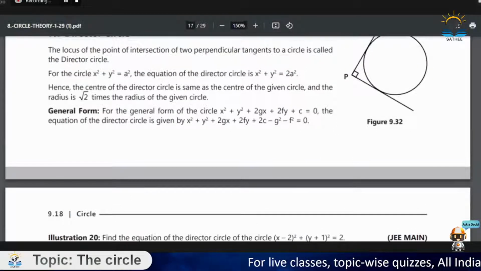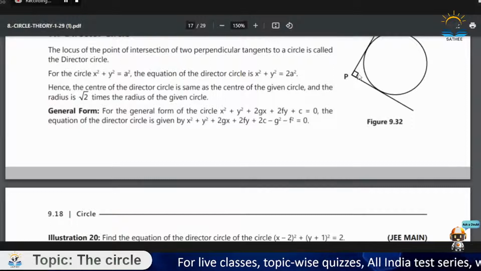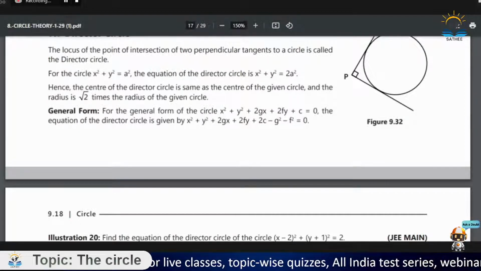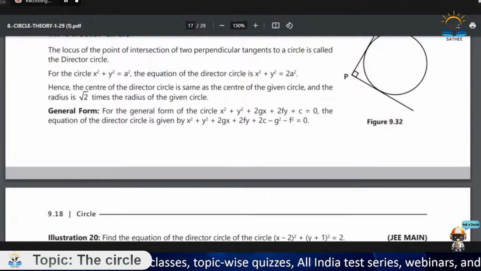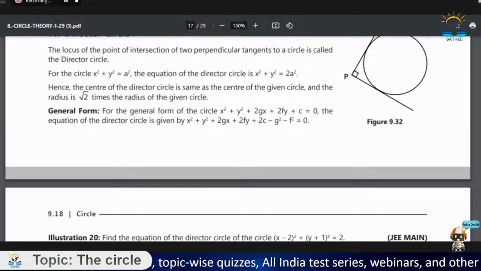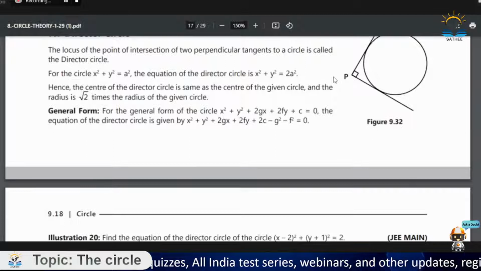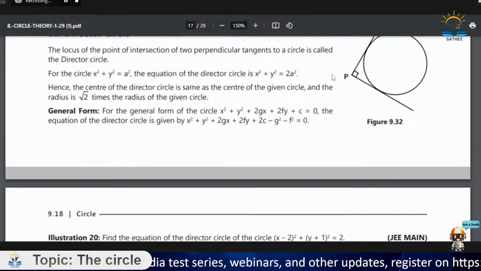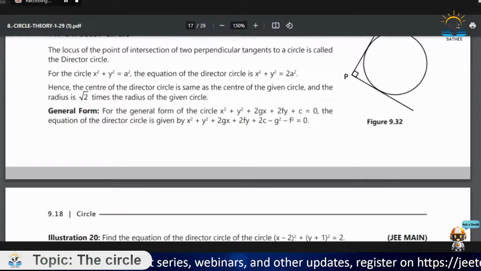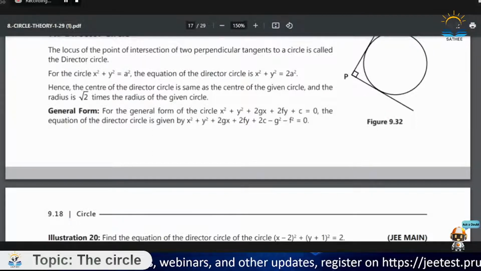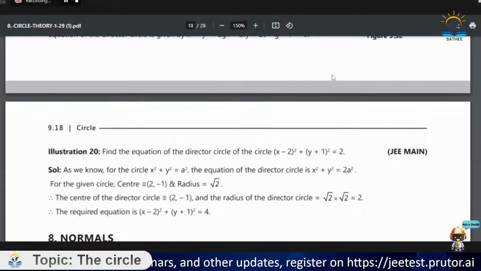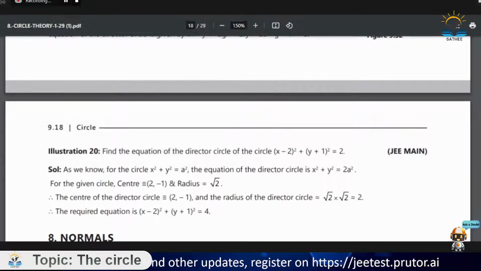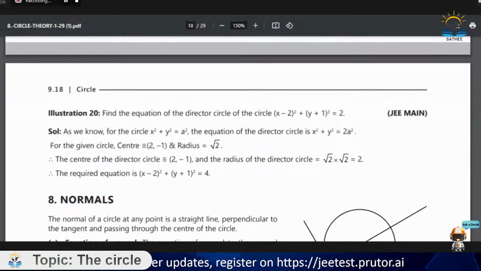Now there is a property that if a point is inside the director circle and it draws tangents to the given circle, then the angle formed would be greater than 90. And if a point is outside the director circle and it draws tangents to the given circle, then the angle would be less than 90 degrees. So these are some basic rules for the director circle. Now we will see an illustration.